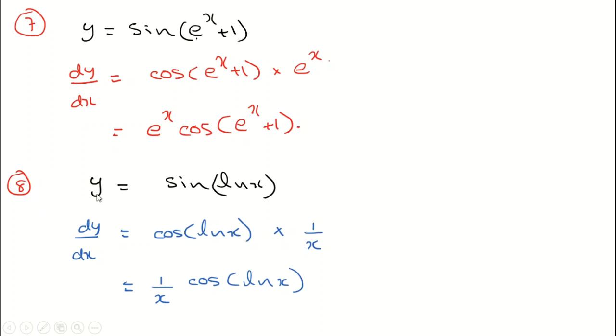If it is y equals sin ln x, the angle is ln x. So when you differentiate it, dy over dx is equal to cos ln x into, when you differentiate ln x, it is 1 over x. So 1 over x cos ln x.